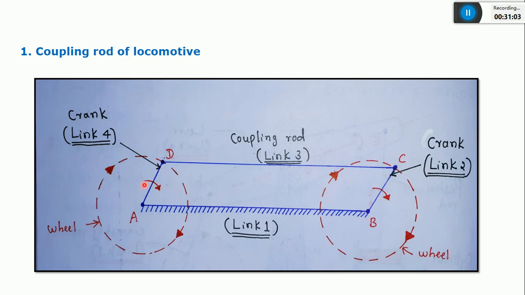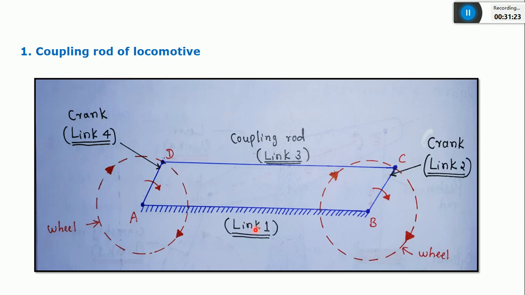Since link 2 and link 4 are rotating, you can see the circular path. I can call this a crank, and this also a crank. AB is link 1, BC is link 2, CD is link 3, DA is link 4.